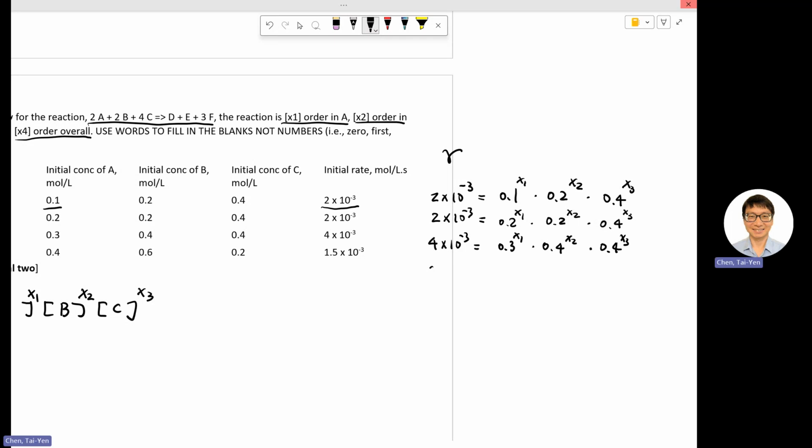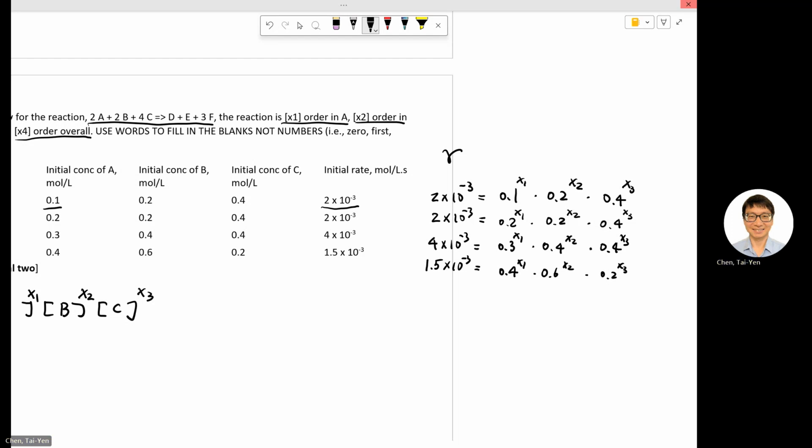And the very last one is 1.5 times 10 to the negative 3 equals 0.4 to the x1 power, 0.6 to the x2 power, 0.2 to the x3 power. So far, so good. Everybody can write this? You need to write this so you can go to the next step.